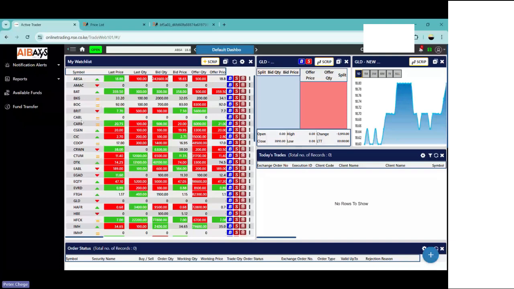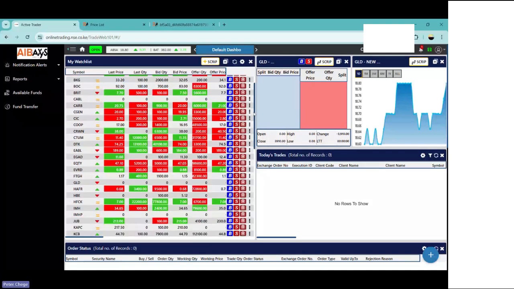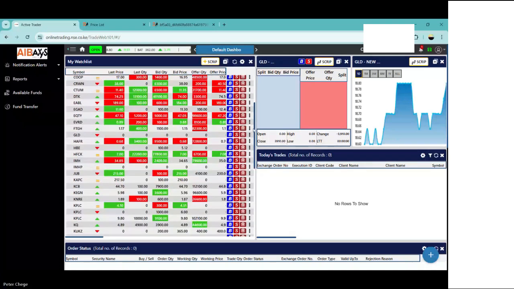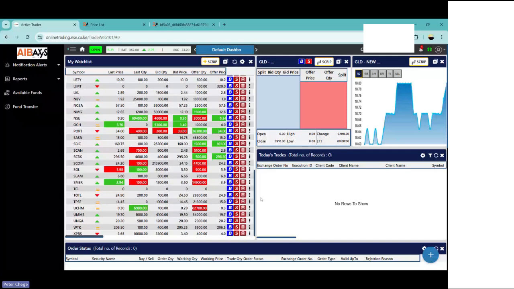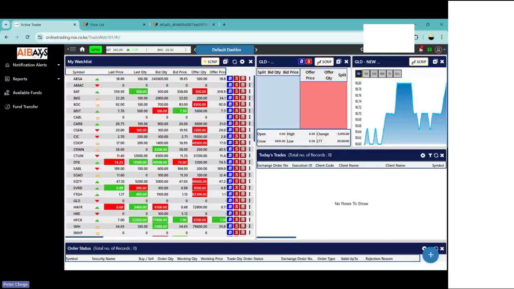Maybe there are orders today that executed, today none. I don't think there is any other. So GRD is gold, new gold. It's the one for Absa Gold. So that's the only ETF at NSE. I don't think there is any other.